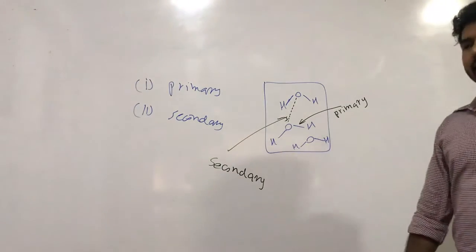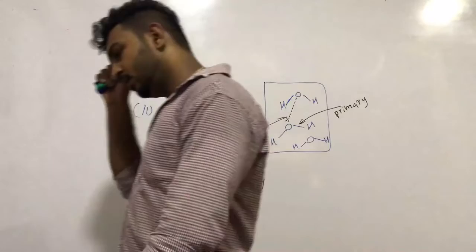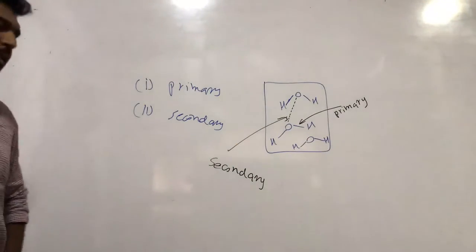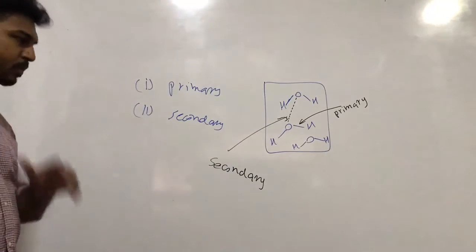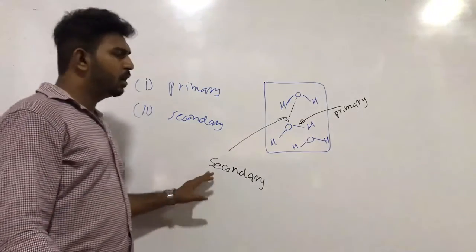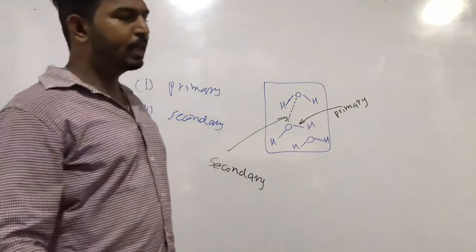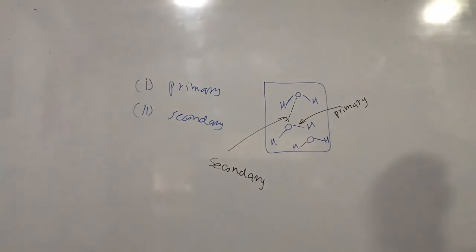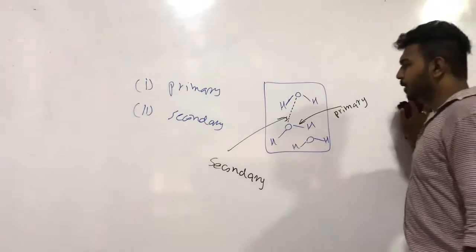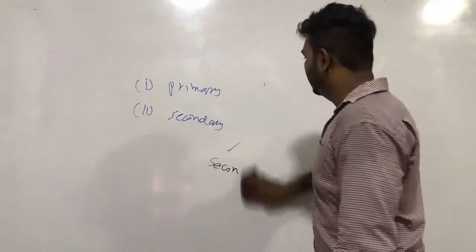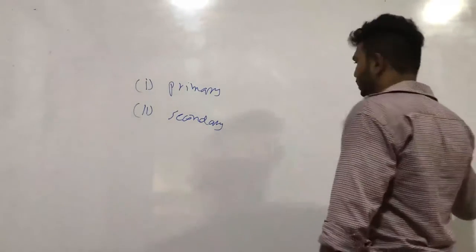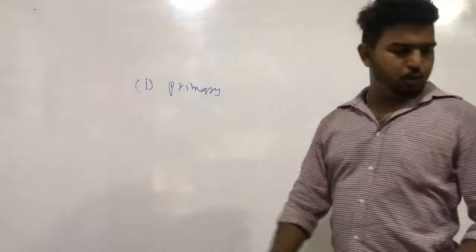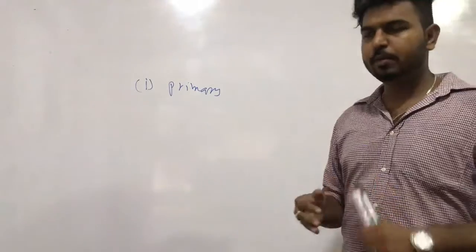Then secondary interactions are the chemical bonds formed between two molecules.